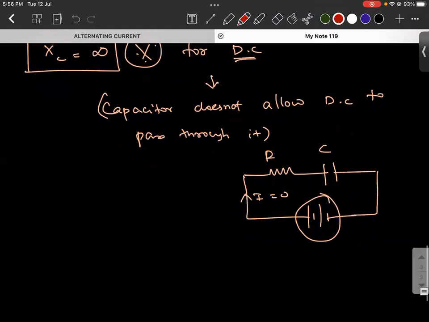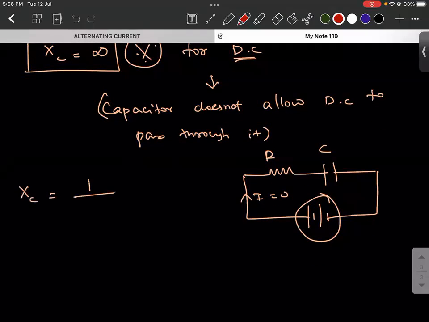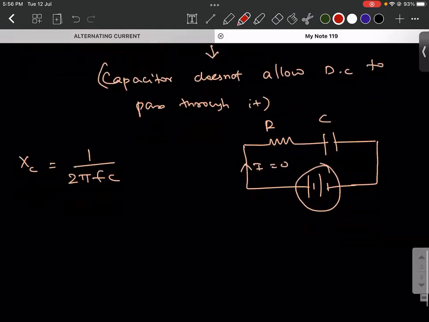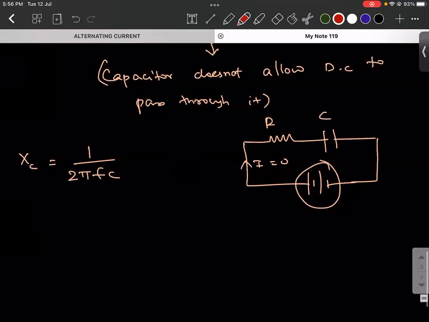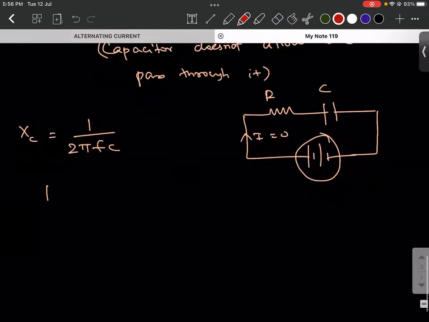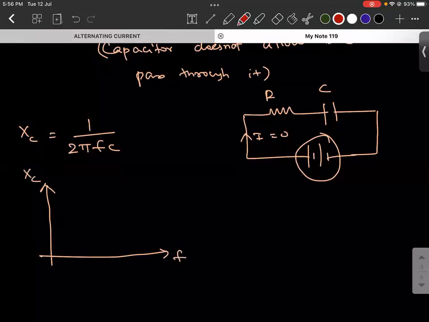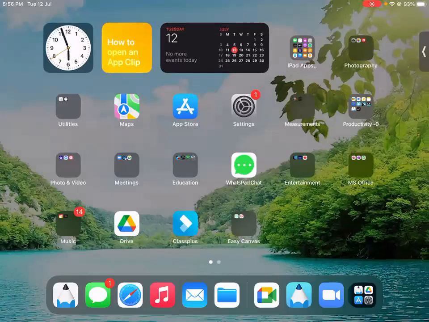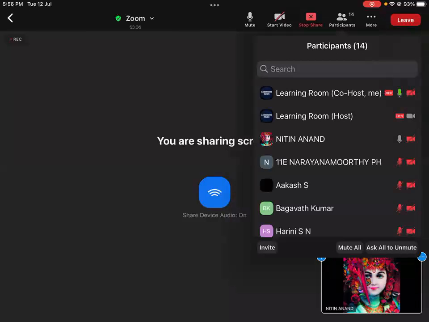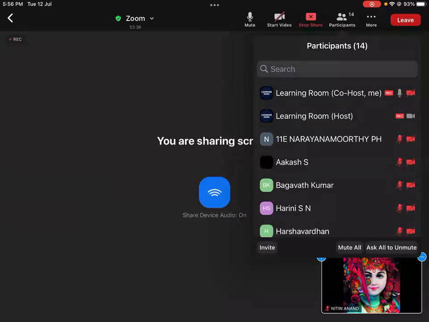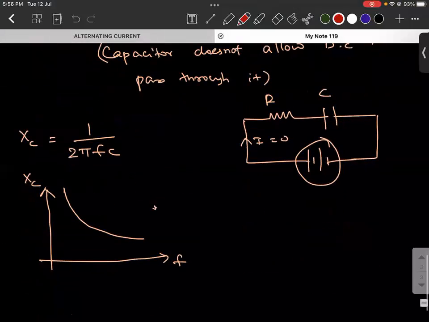Okay. And we also saw that Xc is equal to 1 by 2 pi into F into C. So I have to remember both 1 by omega C and 1 by 2 pi F into C. When I plot the graph showing the variation of Xc as a function of frequency, the graph will be something like this.